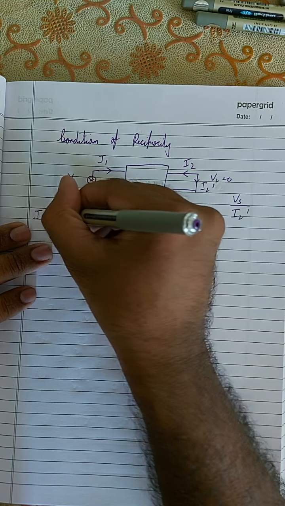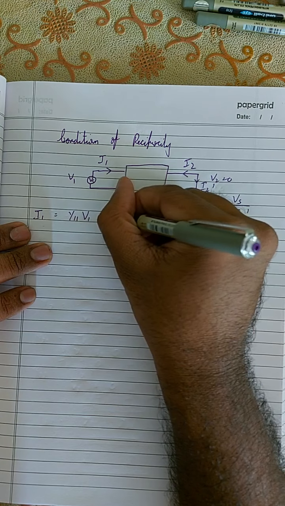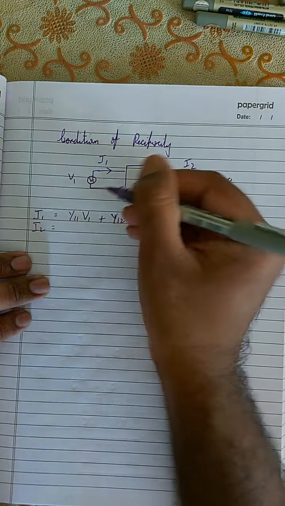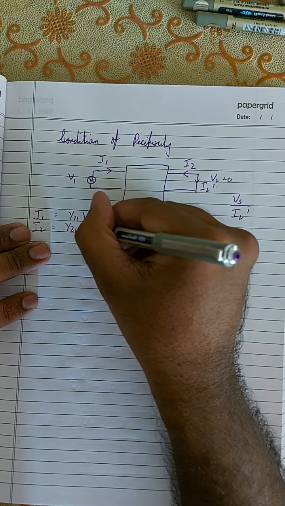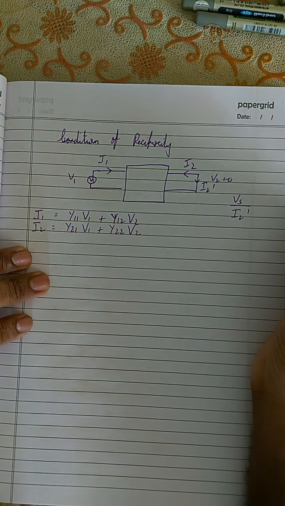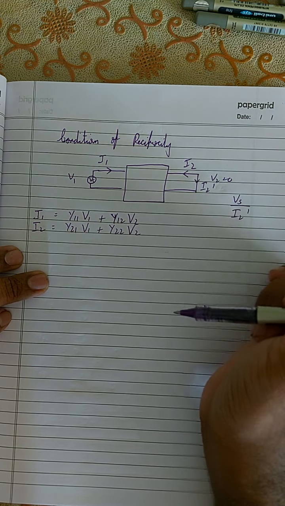In this case I will write the equations I1 is equal to y11 v1 plus y12 v2, and I2 is equal to y21 v1 plus y22 v2. Here v1 is equal to Vs and I2 is equal to minus I2 dash.